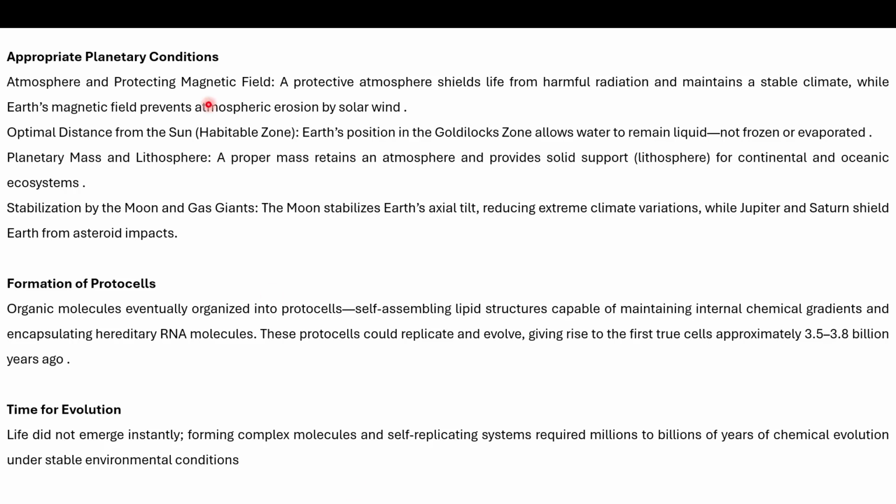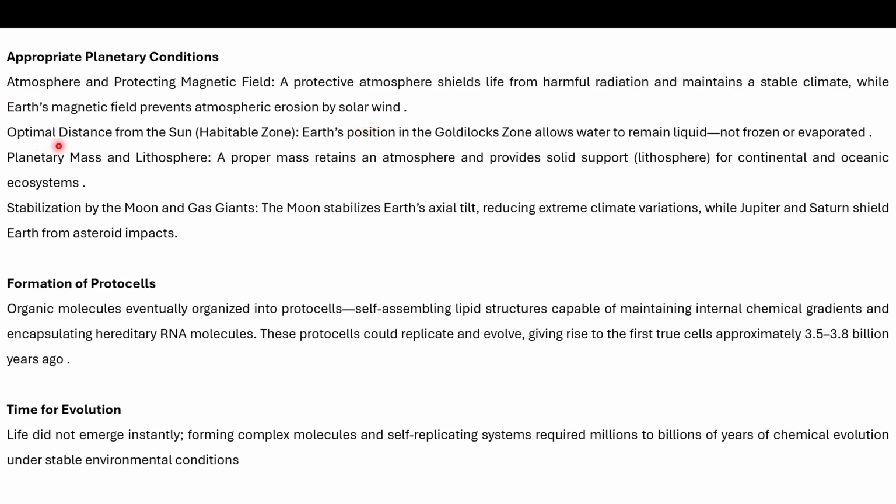cellular structures. If we talk about the planetary conditions that might have been appropriate to let life form on Earth: atmosphere and a protecting magnetic field. The protective atmosphere shields life from harmful radiation and maintains a stable climate, while the Earth's magnetic field prevents atmospheric erosion by solar wind.